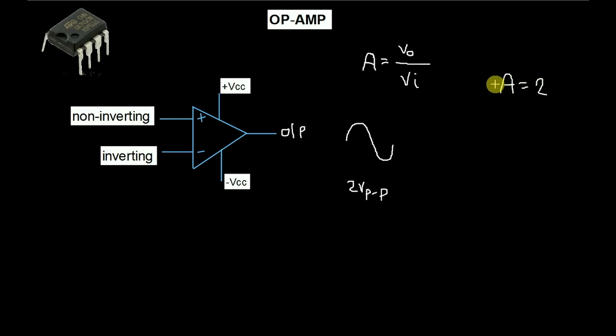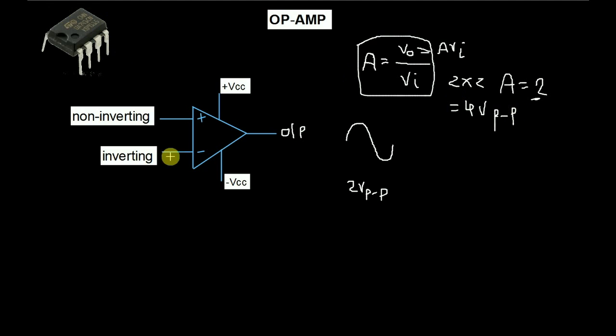What is the output? From this expression we can simply write V0 is equal to A Vi. The gain is 2 and the input voltage is 2, so 2 into 2 is equal to 4. So the output voltage will be 4 volt peak to peak.